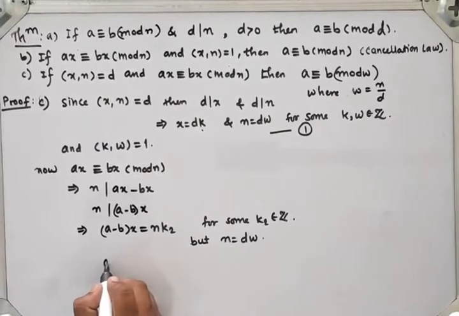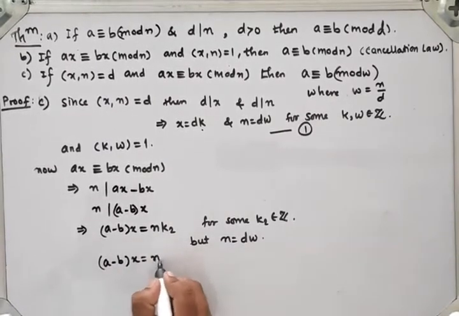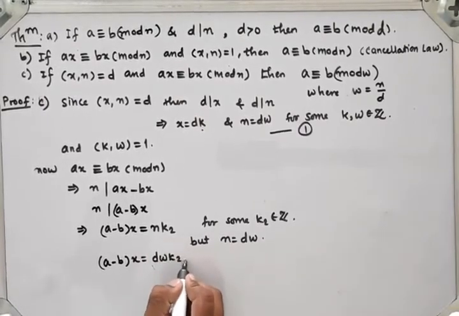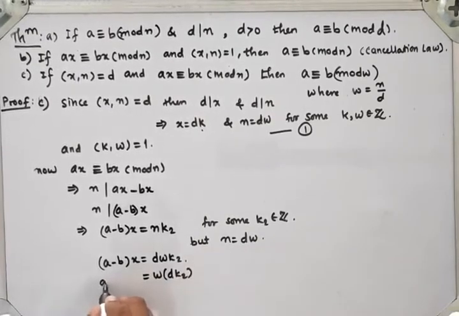So I will write a minus b into x is equal to n, so n has value dw into k2. I will write w outside, so d and k2 are integers. So I will write dw k2 and here a minus b into x, right?